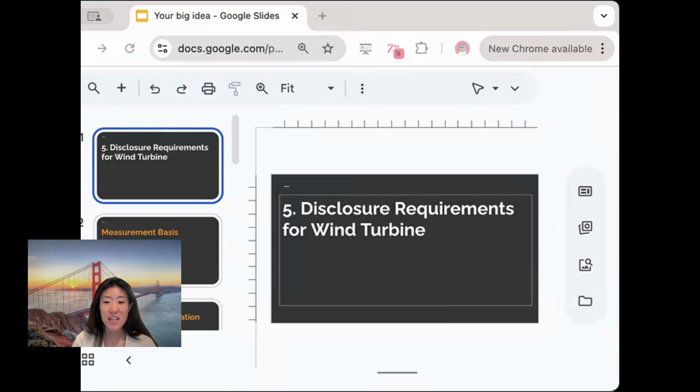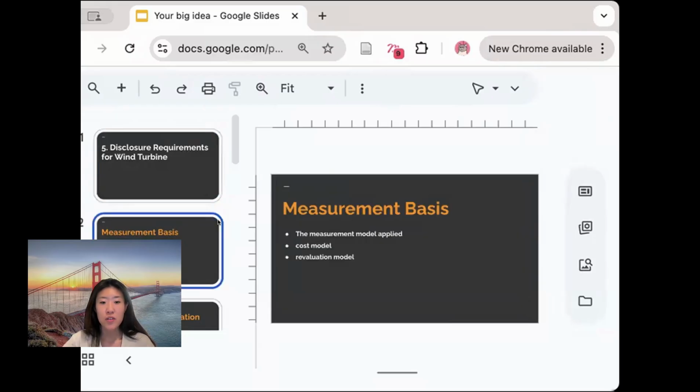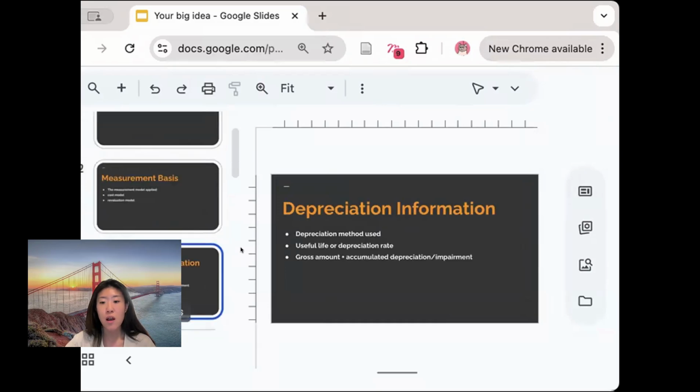Our focus shifts now to the critical disclosure requirements mandated by AASB 116 for the wind turbine asset. The first key area of disclosure relates to the measurement basis. Green energy must explicitly state which measurement model is applied for the wind turbine after its initial acquisition, whether it is the cost model or the revaluation model.